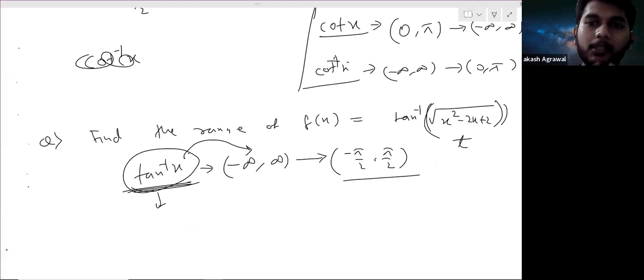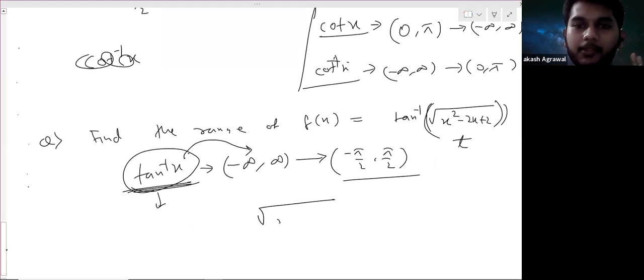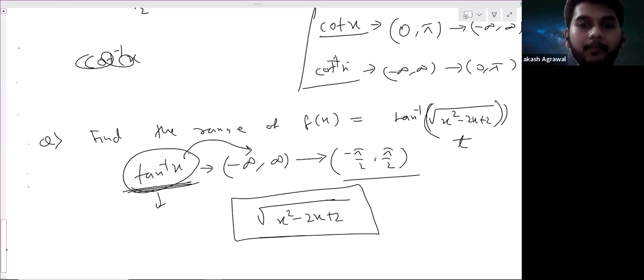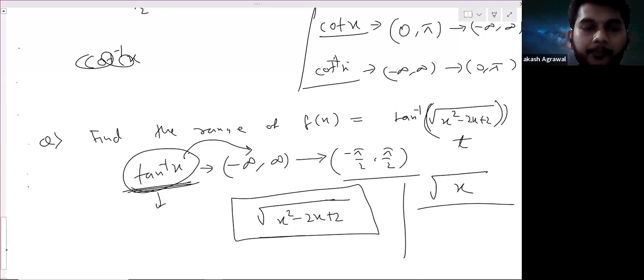What is t? Now everything has changed. Now we have a function t, which is this. Do we know how to find its maximum and minimum value? The range, yes, 0 to infinity. Are you sure? You are half right. If I write under root x, this is 0 to infinity.